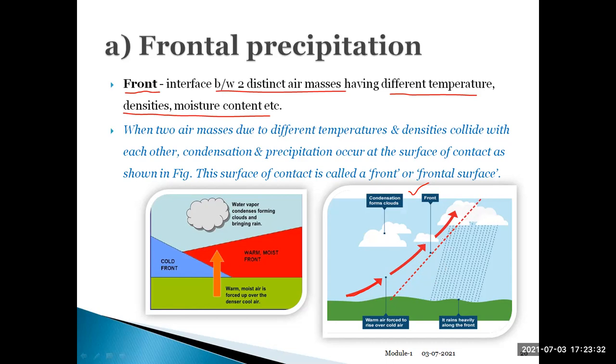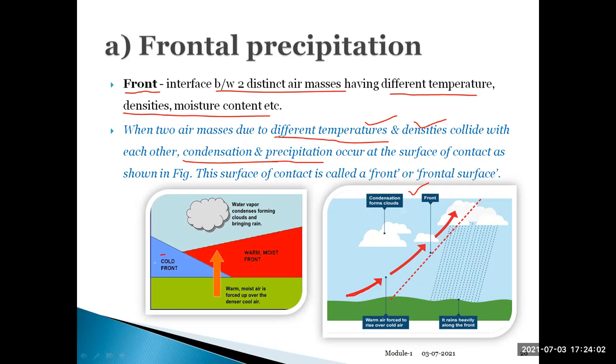So when two air masses with different temperatures and densities collide with each other, condensation occurs and the precipitation occurs. That type of precipitation is called frontal precipitation.